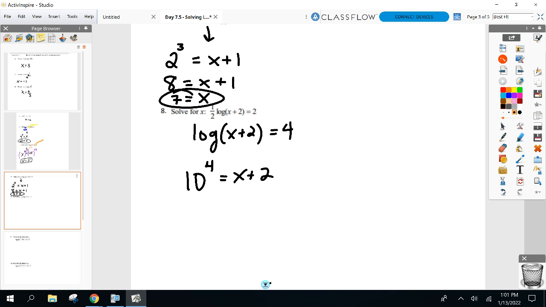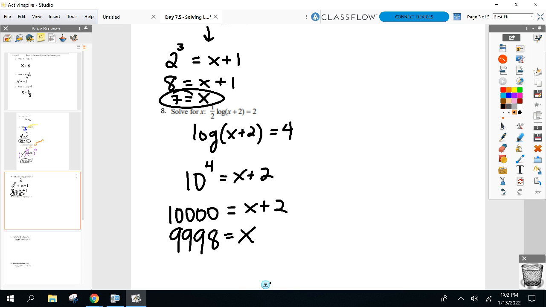Oh, large numbers here. 10,000 equals x plus 2. 9,998 equals x.